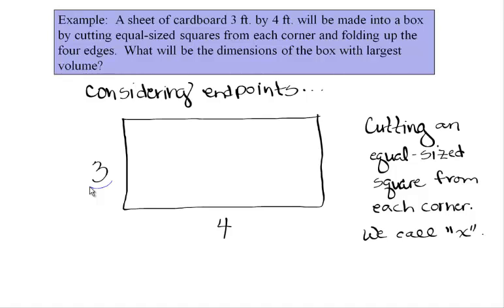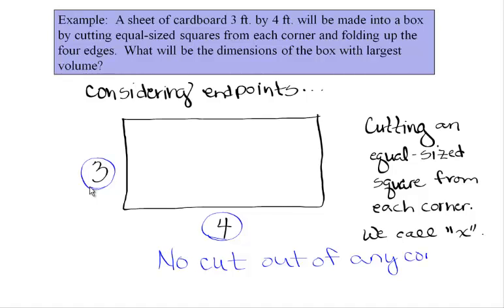We've already said, here's one constraint on x, here's another constraint on x. We have our piece of cardboard laying here. If we made no cut out of any corner, that is one possibility for a value of x.